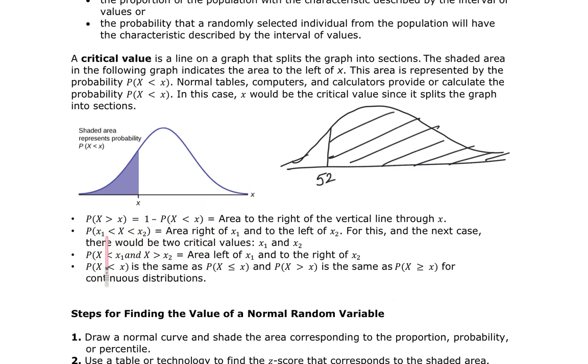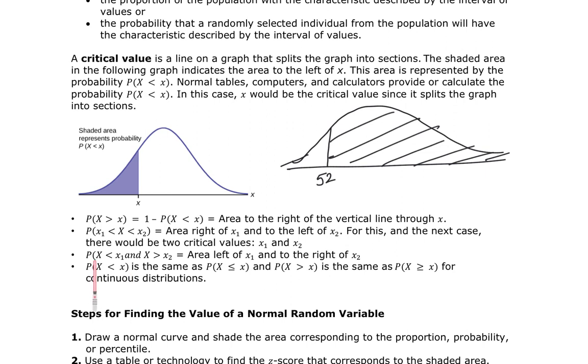If I want to know a probability between two points of interest, two values that I'm interested in in my normal distribution, then I'm going to take the probability to the left of the rightmost number, and I would then subtract off the value for the leftmost number, because that would be overlap, and that will give me the probability of the in-between.